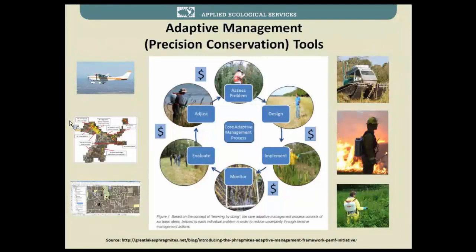There's an adaptive management process that supports this precision conservation. We can start anywhere in this cycle, but the place we usually start is with detection and mapping to assess the problem.